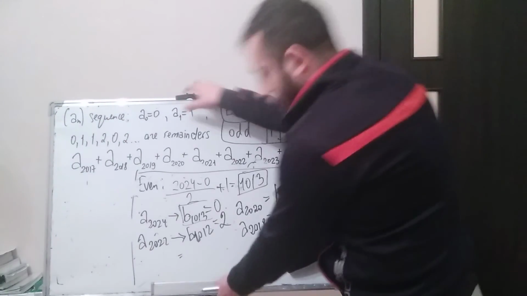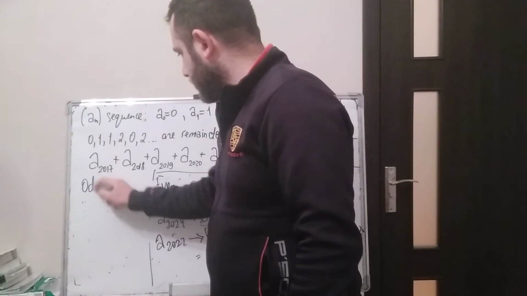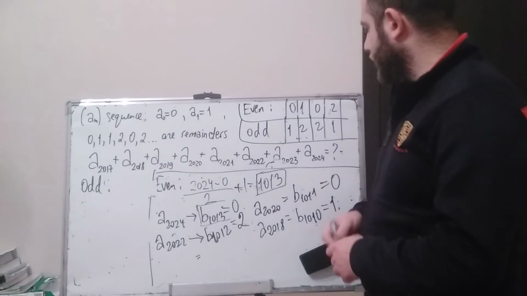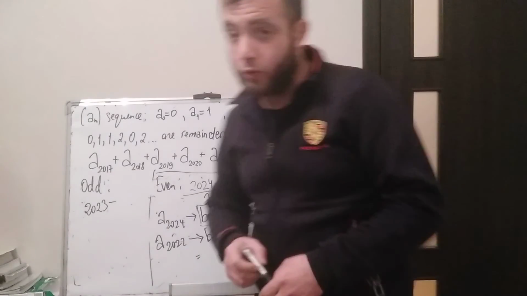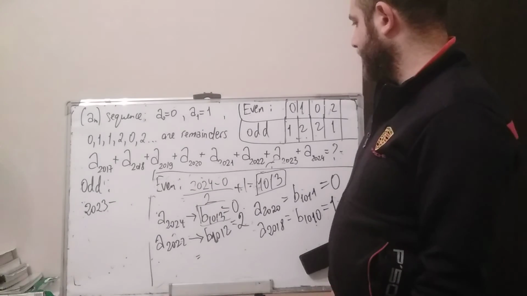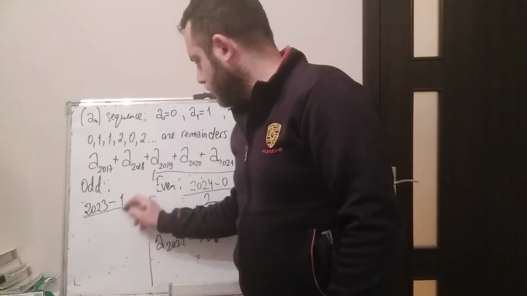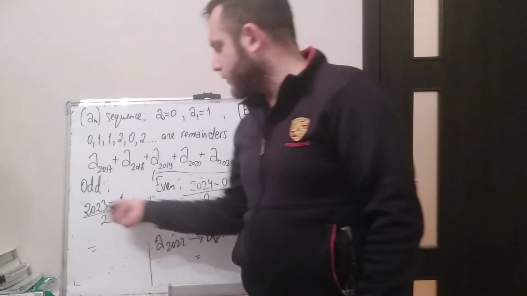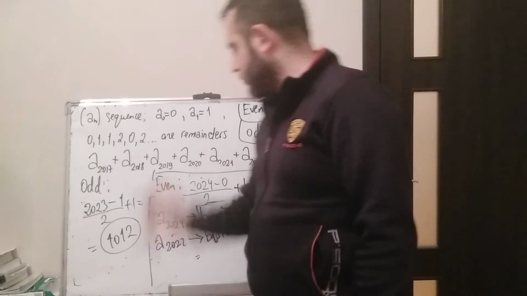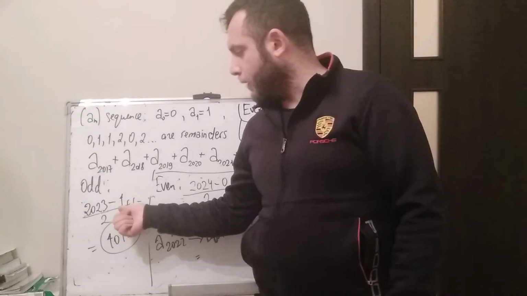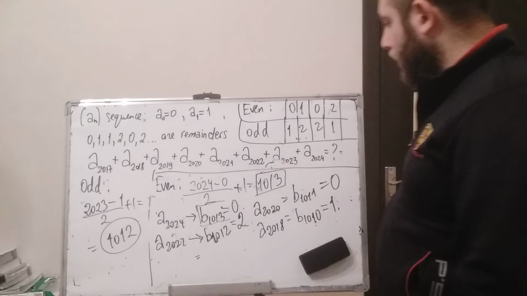So similarly, we can find these. Let me write odd. The last term from odd is 2023. So let's find the number of the terms: 2023 minus the first, A1, over 2, plus 1. It is 1012, because 22 over 2 is 11.